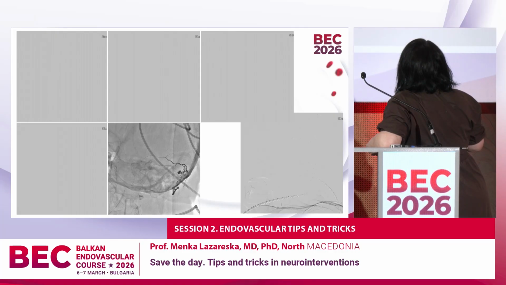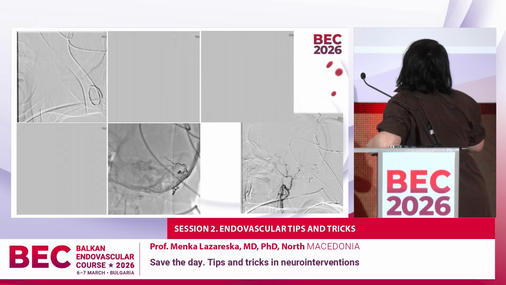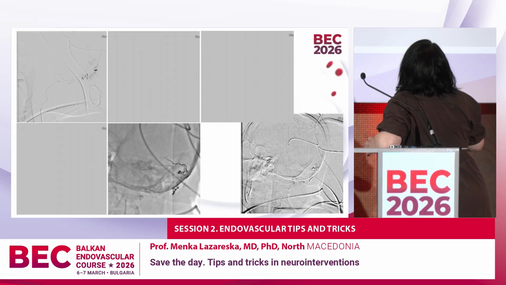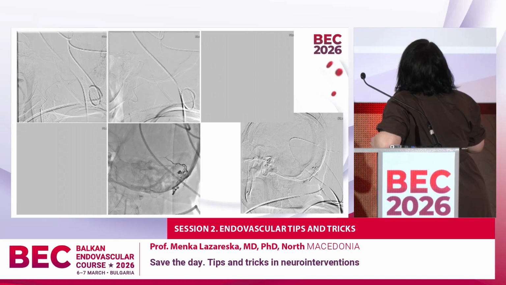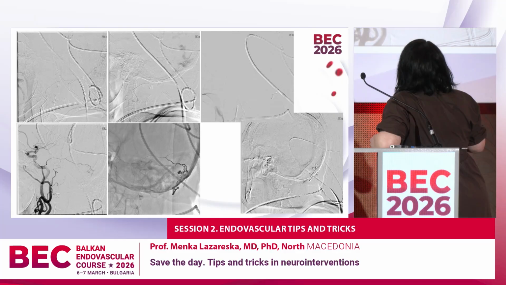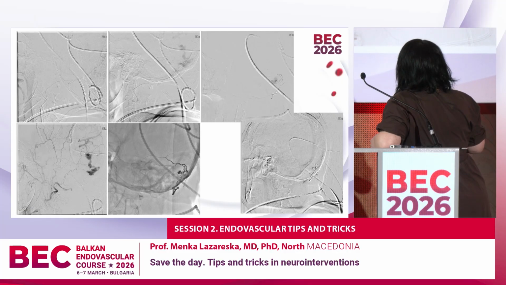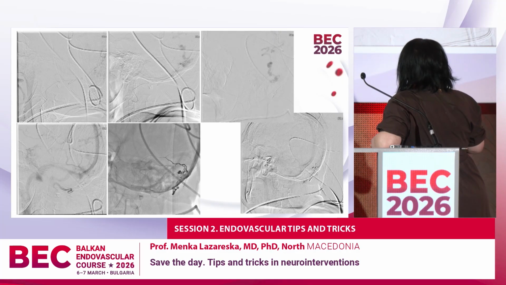But at first we put a coil in this distal branch of the occipital artery to redirect the Onyx to the fistula, but it was a very, very fast injection of the Onyx, and it didn't penetrate so well.